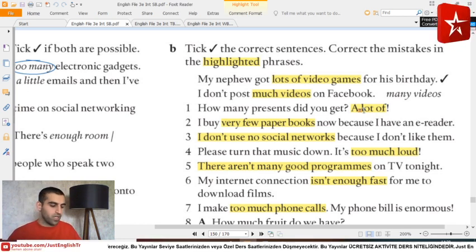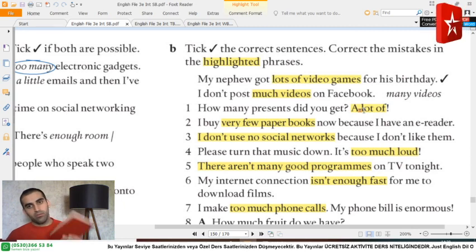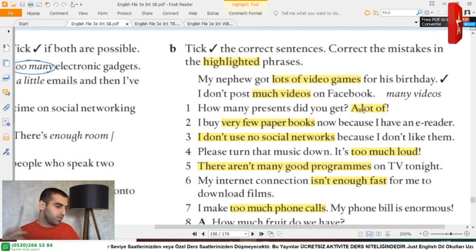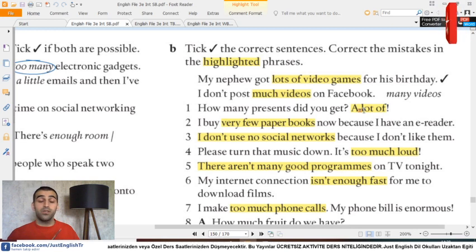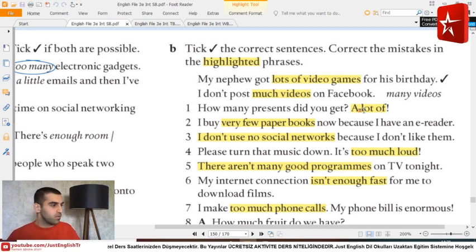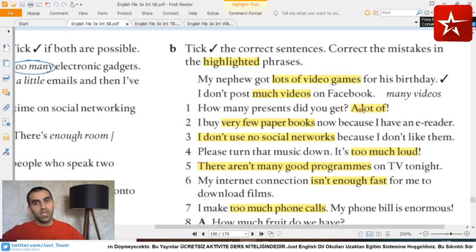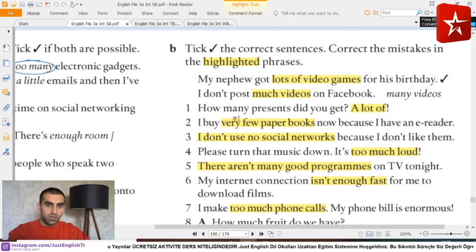A lot of, for example, books, a lot of papers, a lot of students, a lot of prisons. So after a lot of, we must use a noun. But here the correct answer is a lot, not a lot of. So number 1 is a lot.